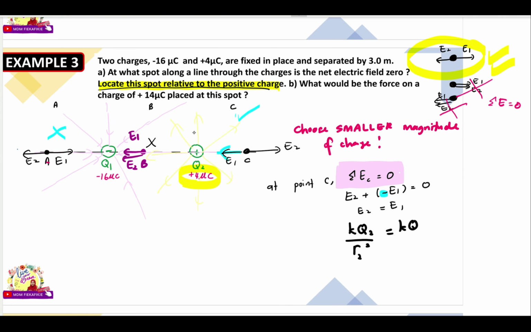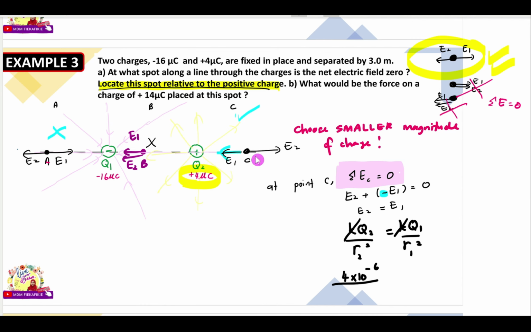And this one, KQ1 over R1 squared. So, kita boleh cancel. Okay, alright. So, Q2, soalan dah bagi kan tadi. Q2 dia berapa? 4. So, 4 microcoulomb over jarak antara this point and charge 2.